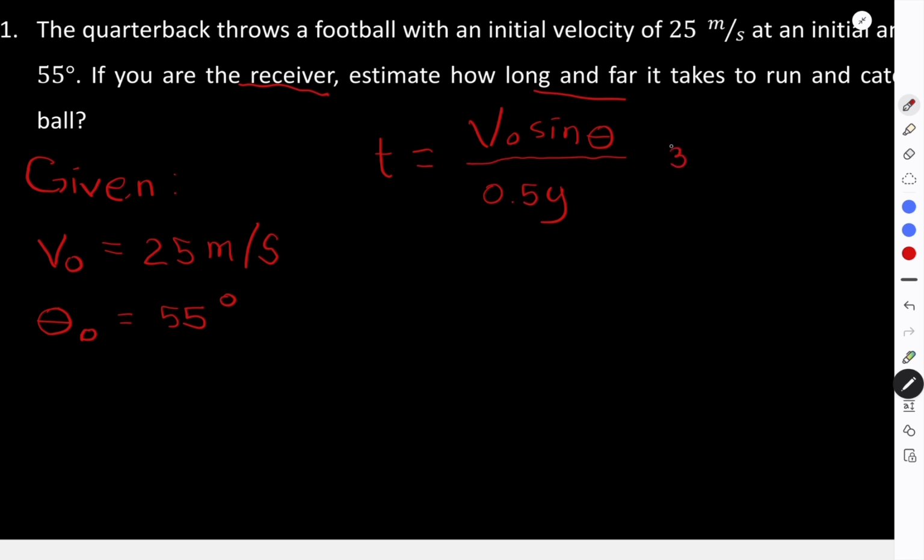Now you already know that this is a 3-point formula.